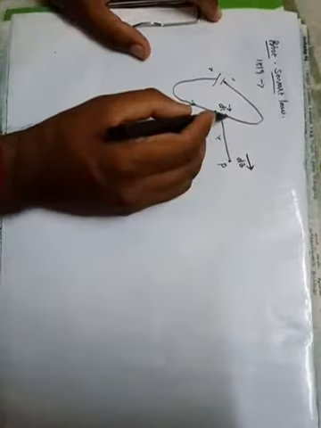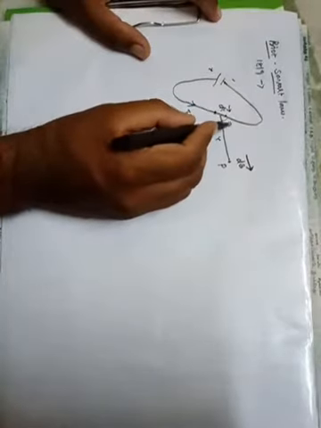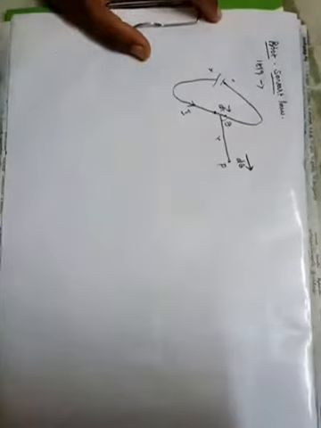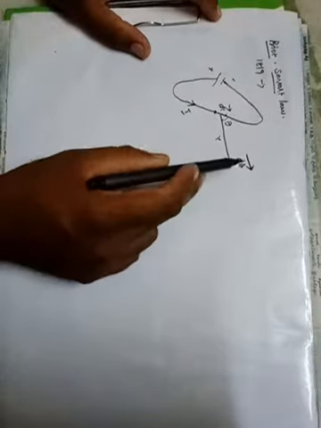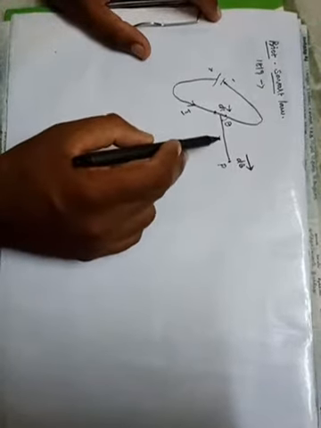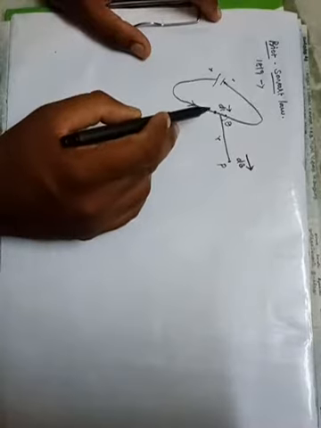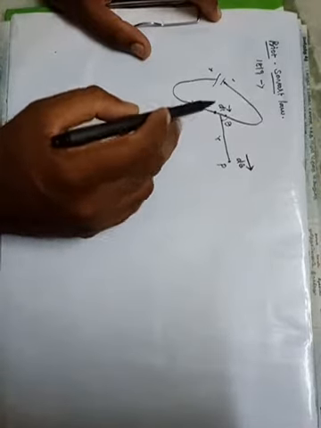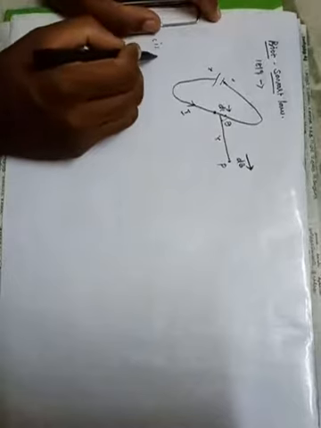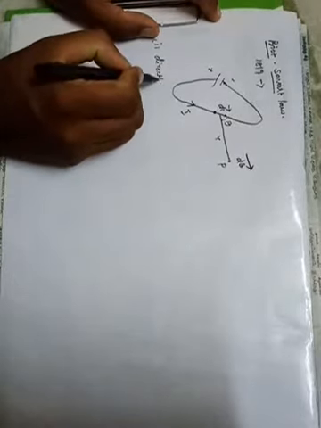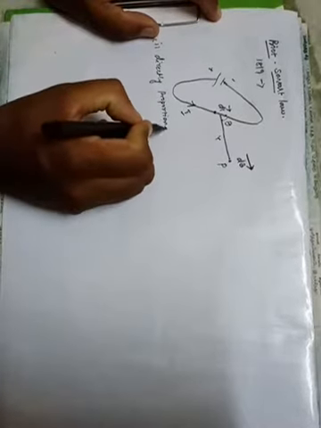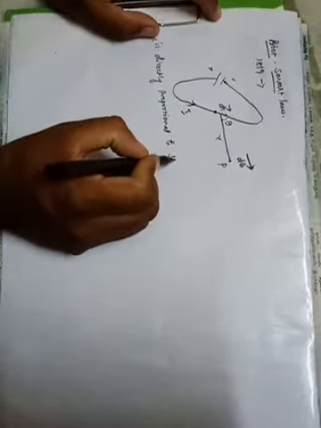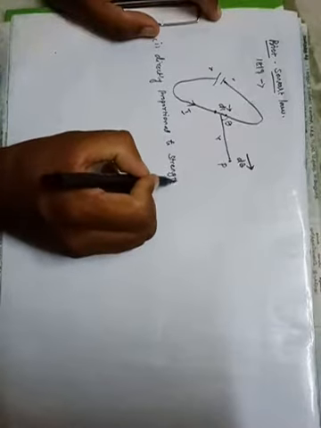According to the Biot-Savart law, this magnetic field makes an angle theta. The magnetic field at a point P at a distance r from the small elemental length is directly proportional to the strength of the current.